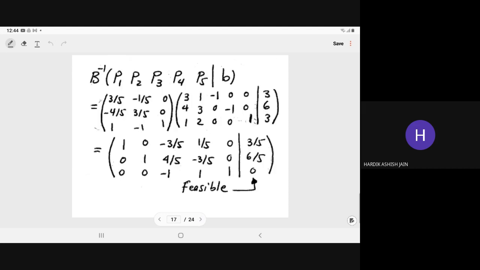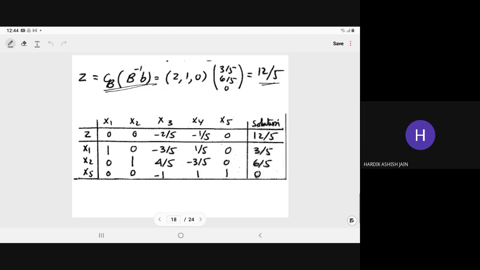So here we have the complete table structure. Is there any doubt? This is corresponding to CB B inverse P1 minus C1. This is corresponding to CB B inverse P2 minus C2, P3 minus C3, P4 minus C4, and P5 minus C5.